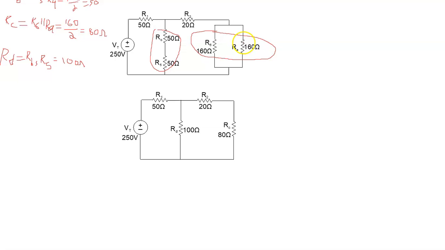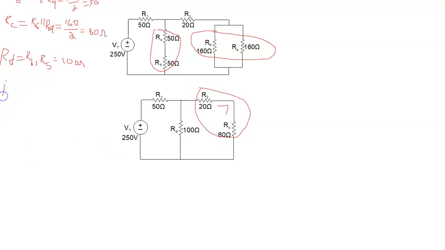And I have included RC to replace R6 in parallel with RA. RC now includes all of R6, 7, and 8. So we're left with this 4 resistor circuit. And our simplification now is R2 in series with RC, right? So these two are in series.